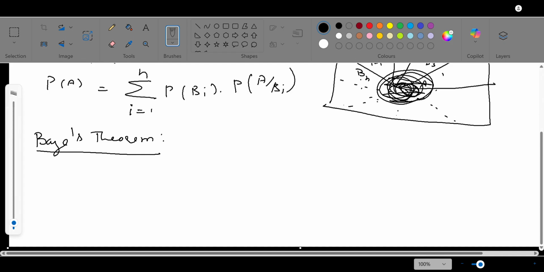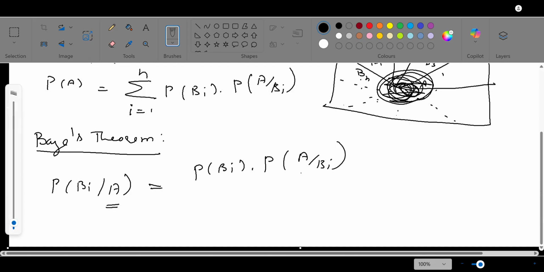associated with a random experiment, and capital A is another event which is associated with each Bi, then P of Bi by A, given that A has occurred already from Bi, we can get its probability as P of Bi into P of A by Bi divided by summation over all i equal to 1 to n P of Bi into P of A by Bi.